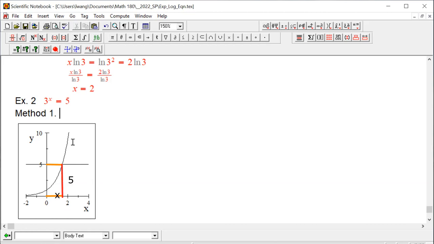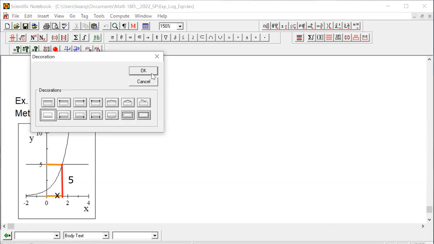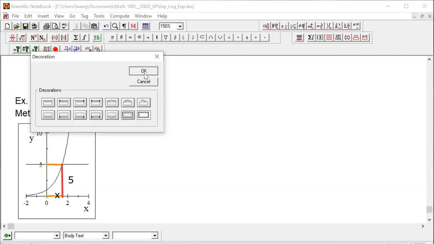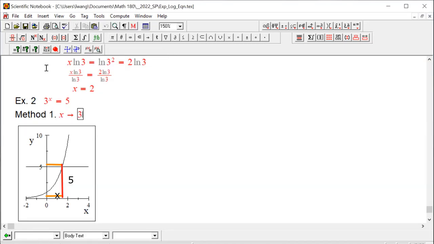We're looking for inputs such that after the function 3 to the power x, the output is 5. It's an if statement. And 5 is not easily represented.